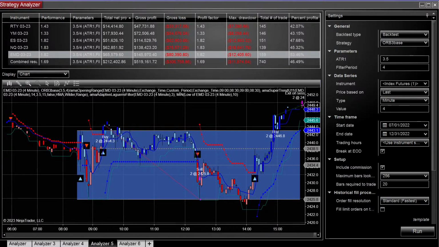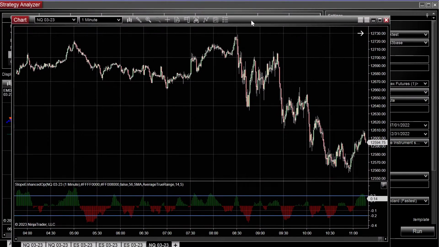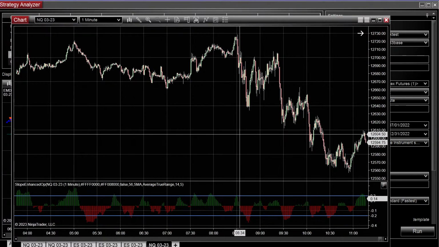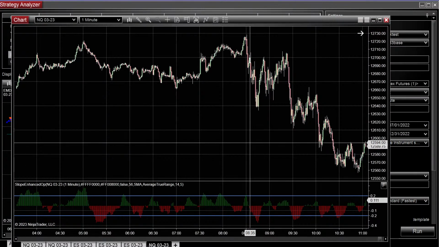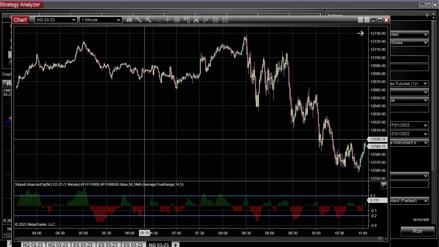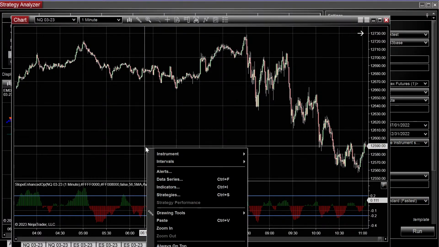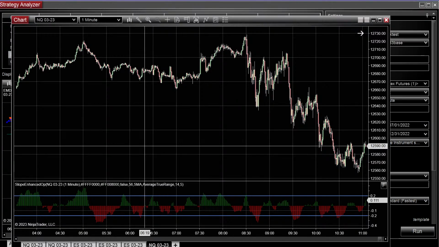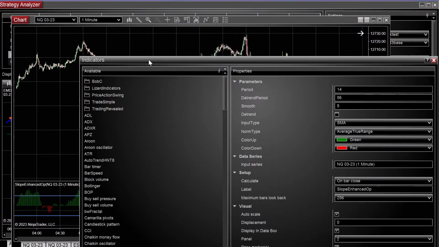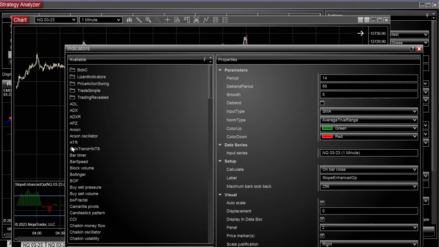Let's check this out. So let's pull up our chart again. And so we want to see if we should make our strategy adaptable to volatility. So the first thing we need is a volatility indicator. And now we can't use the ATR because the ATR is not normalized when it transits to other products.